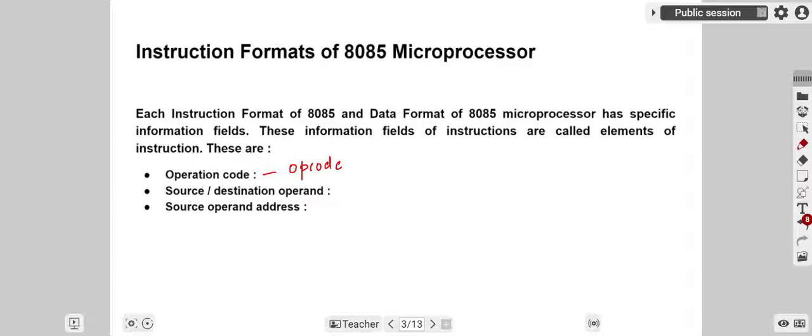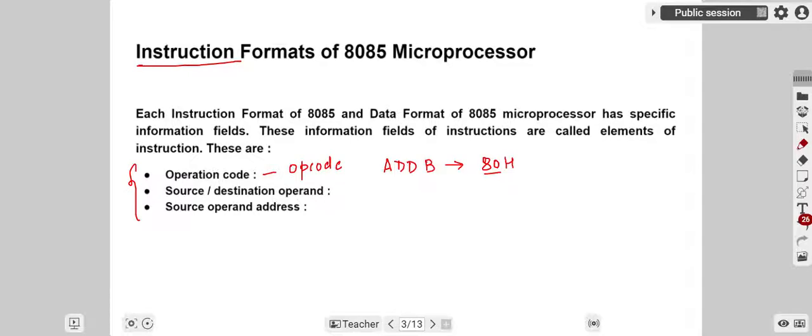For example, in the 8085 microprocessor, the operation code for the ADD B instruction is 80H. So this is actually the operation code. An instruction consists of these three fields, out of which the first is the opcode, the second is the source or destination operand.